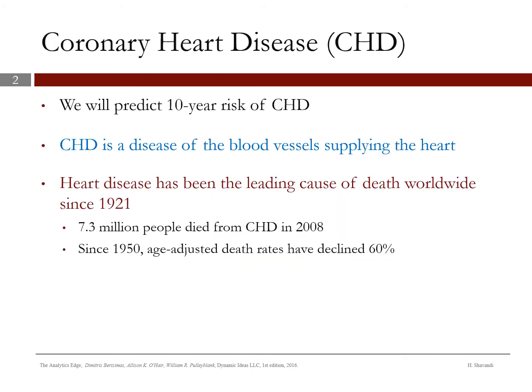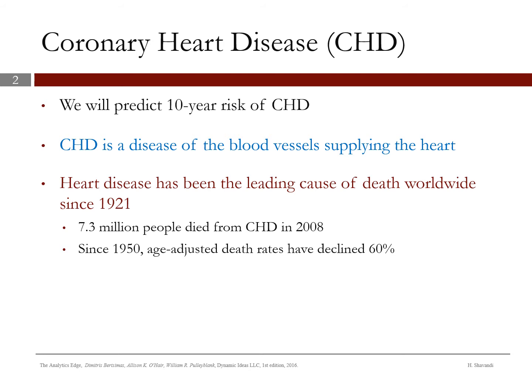In this model, we are going to predict 10-year risk of CHD. CHD is the coronary heart disease. Coronary heart disease is a type of heart disease that develops when the arteries of the heart cannot deliver enough oxygen-rich blood to the heart. And CHD has been the leading cause of death in the United States since 1921.